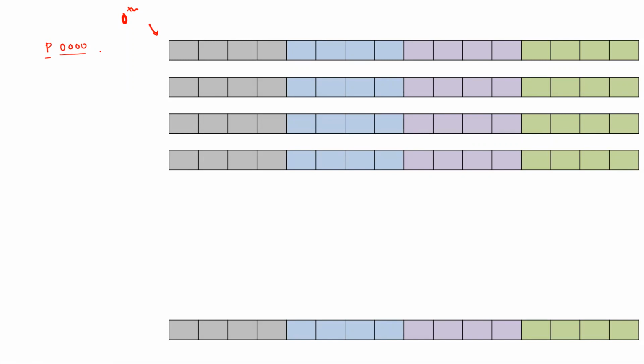So if we want to indicate the first bit, we can place a 0 over here. So that would indicate this particular memory bit. Then for this 0th word, if we want to indicate, let's say, the 15th bit, then we have to place an E. So that would indicate this particular memory bit.